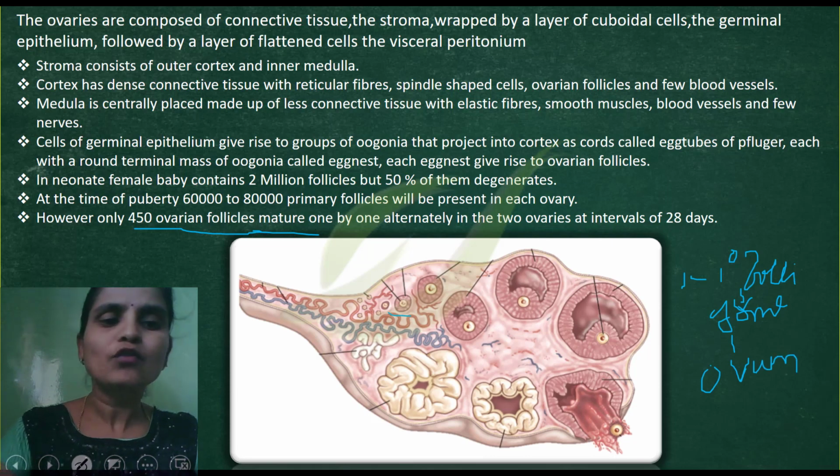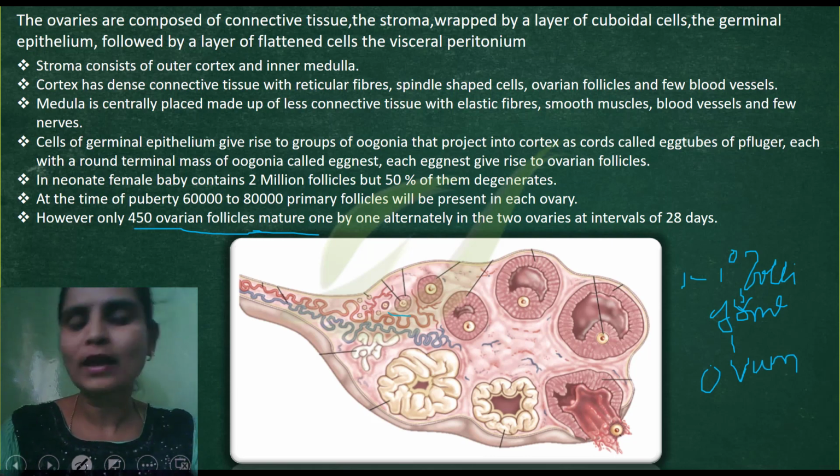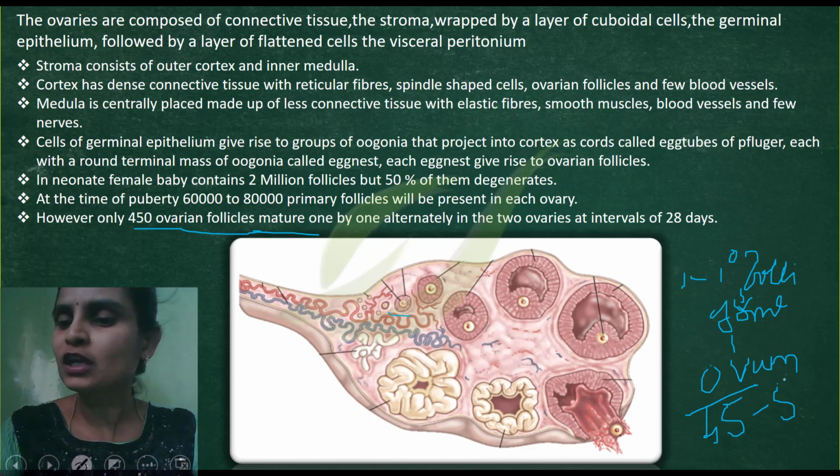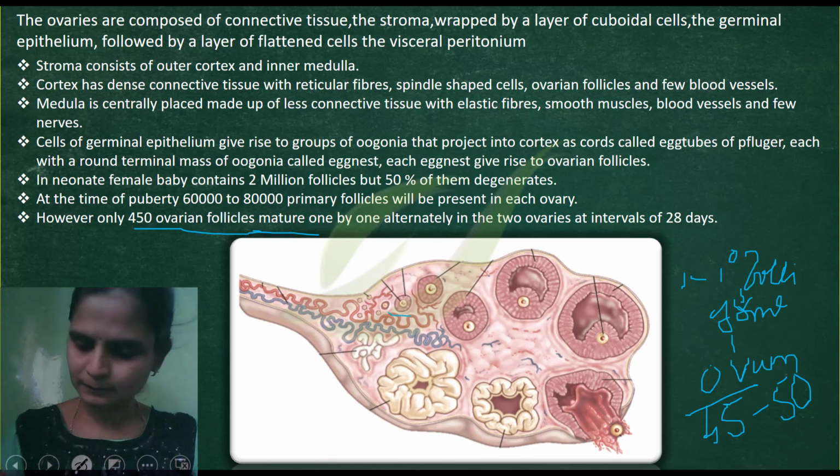So around 450 ovarian follicles will be produced in her complete lifespan, because she can produce ova until the age of 45 to 50 years. The ova can be released.